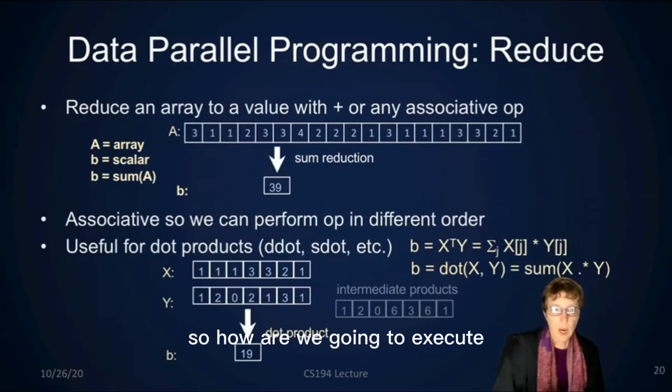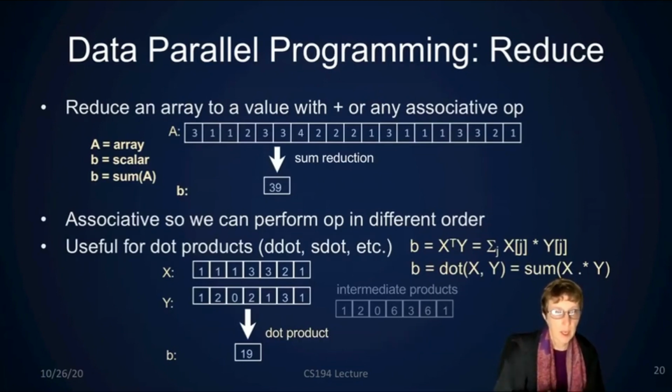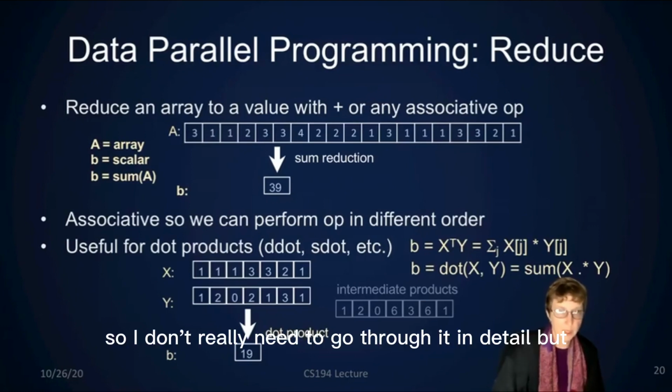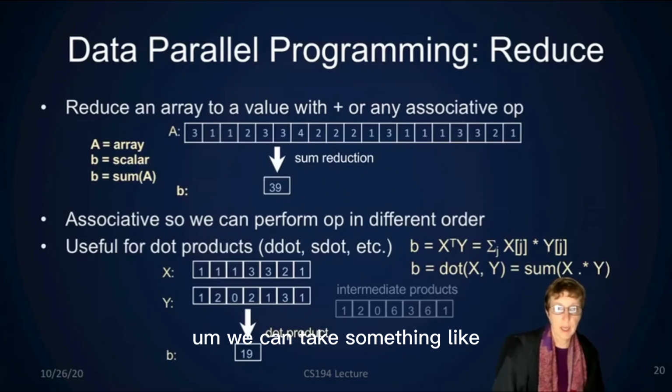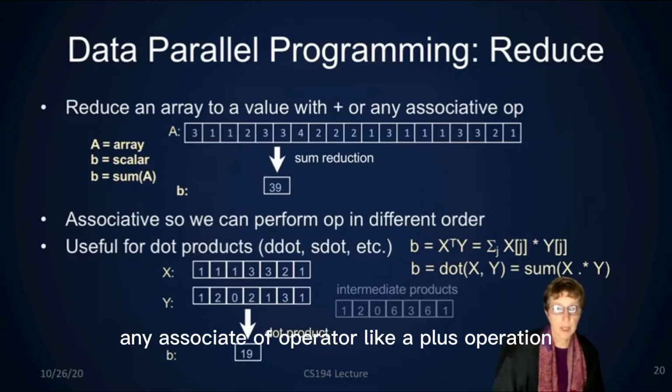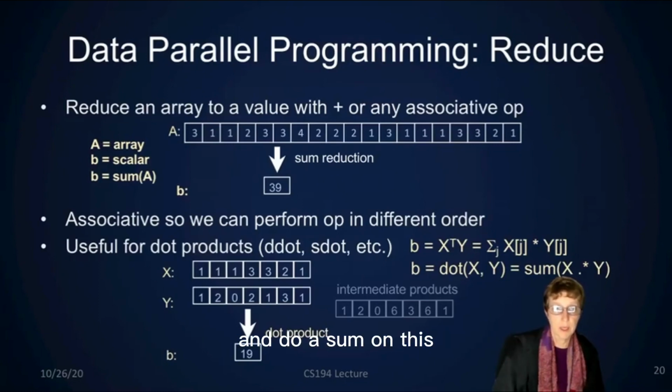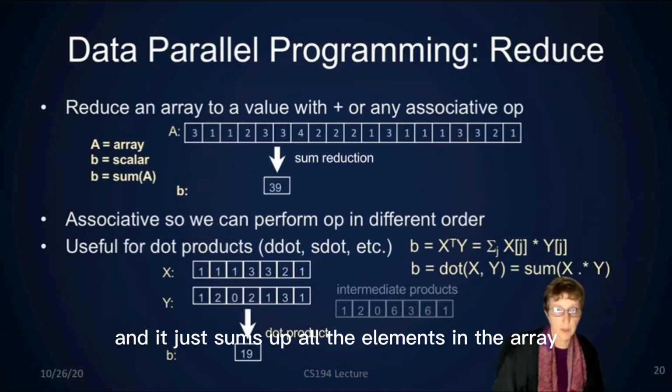Okay, so how are we going to execute these? We talked about broadcast, and we'll also talk about reduction, and we'll talk about how these both get implemented as well. So if we're doing a reduction on an array, you've seen this before, so I don't really need to go through it in detail, but we can take any associative operator, like a plus operation, and do a sum on this, and it just sums up all the elements in the array.